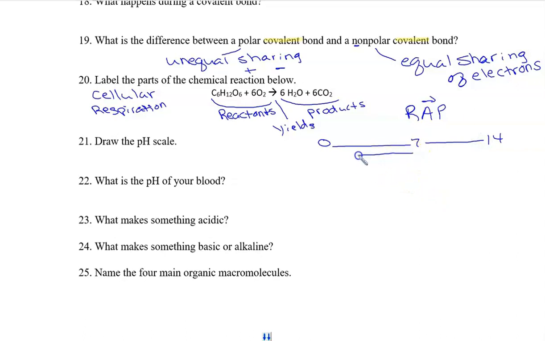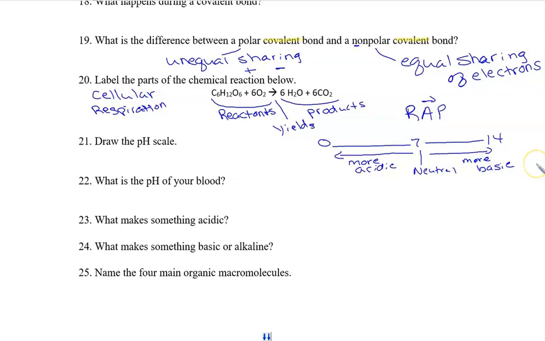The lower your number, the more acidic. 7 is neutral. It's not just water. Water is supposed to be a 7, but not all water is 7 because not all water is pure water. Pure water is supposed to be 7. The bigger the number, the more basic.